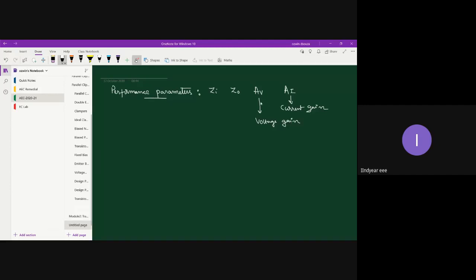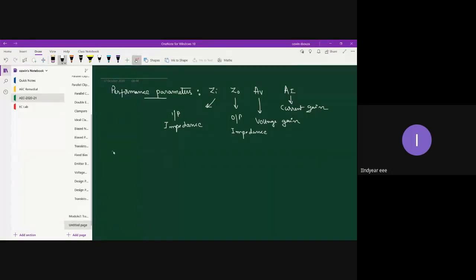V stands for voltage, I stands for current. Z0 is the output impedance. Few books say output resistance, doesn't matter. Zi stands for input impedance. This is what we will be calculating in our future classes.